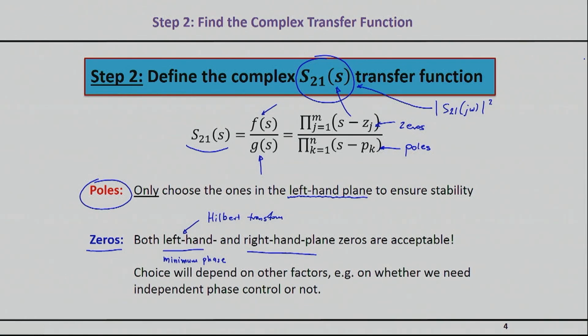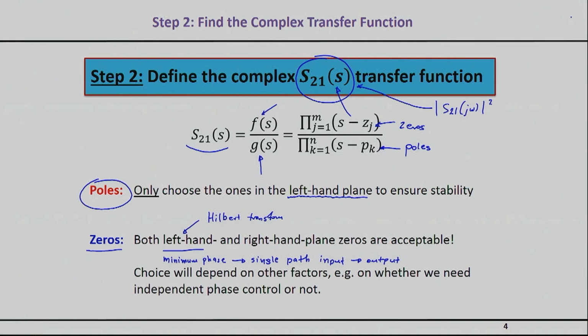And from a physical realization perspective, that means there is only a single path to go from input to output. So if you have a physical realization that guarantees that the signal can only go from the input port to the output port through a single path, then you have a guaranteed minimum phase realization, which means all the zeros are on the left-hand plane.